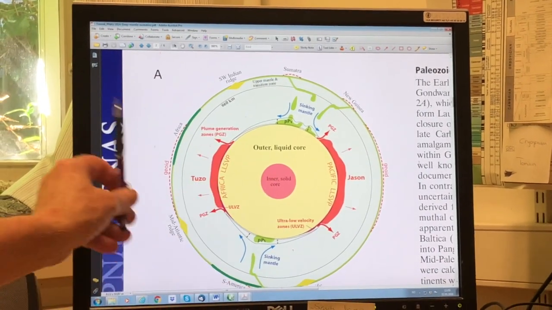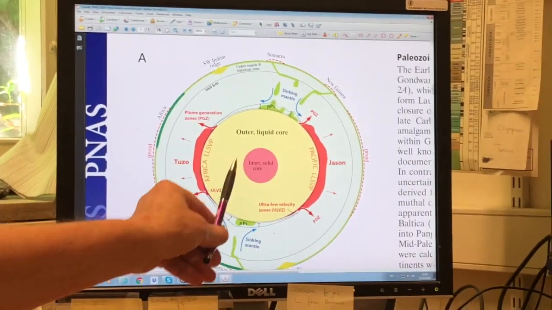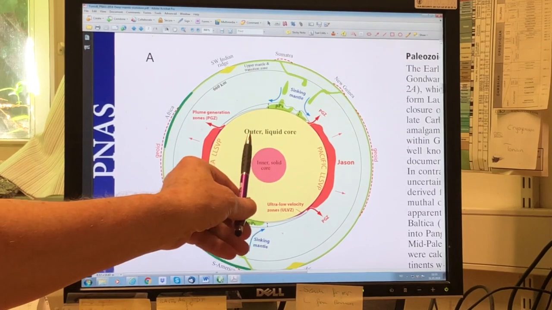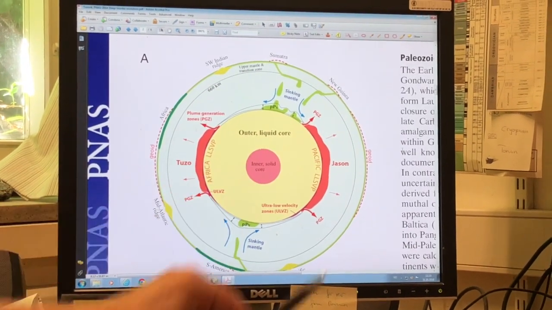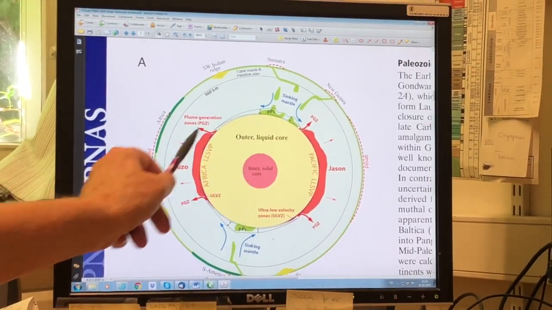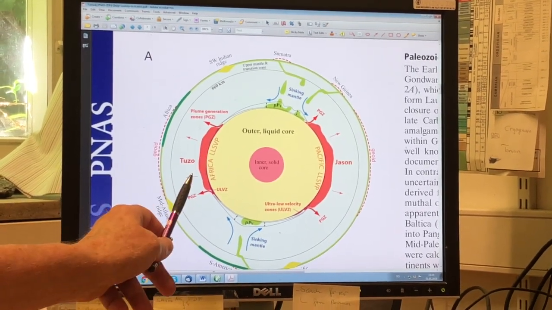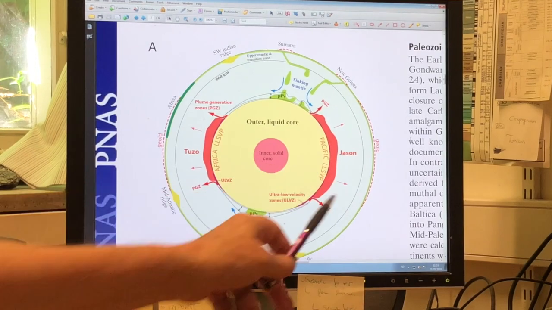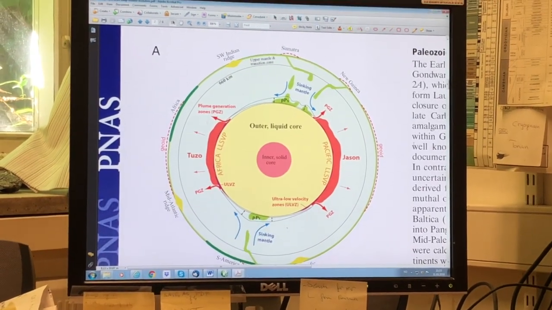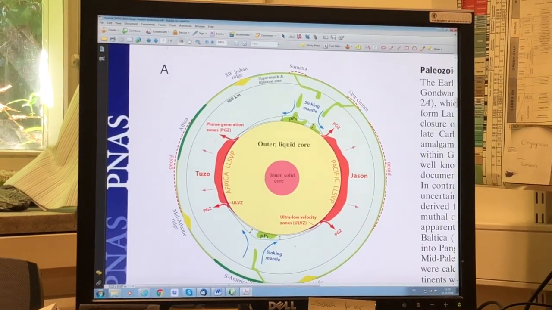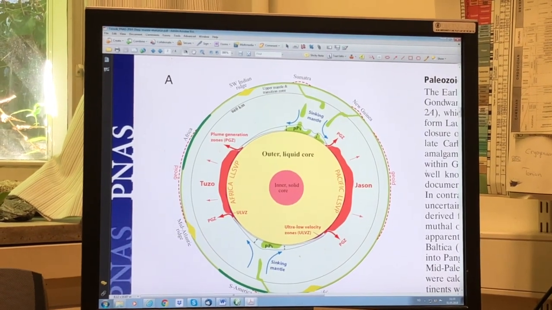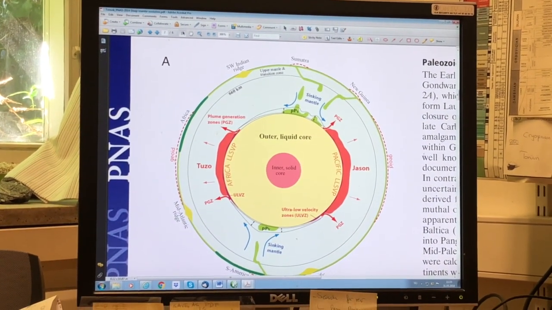So this is the core, a cross section. The outer core is liquid, the inner is solid, and then you have this boundary here, where there are two main masses which have a low shear velocity. They see it with the seismic waves.